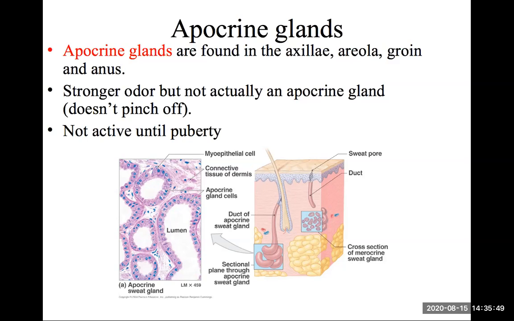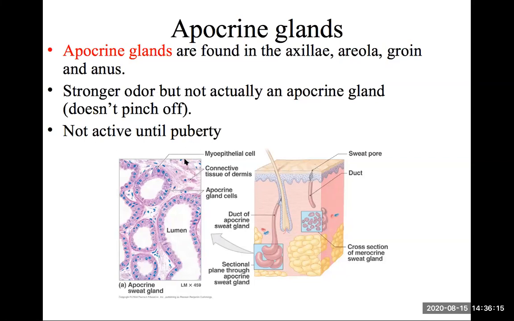It's a misnamed gland. The apocrine sweat glands are found in the armpits, the areola, that's the area around the nipple, the groin, and the anus. So these are the ones that we associate with sexual maturity in adults. The product of the apocrine sweat glands has a stronger odor, and they activate at puberty.